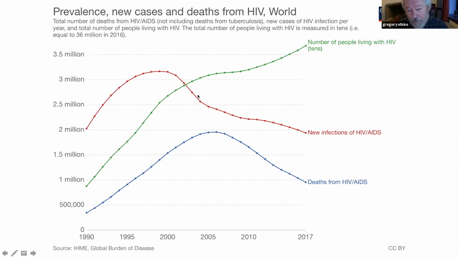Number of new infections is decreasing, but not at a very high rate, but the number of deaths is also decreasing. And deaths now occur mostly in developing countries. The disease has mostly been controlled in developed countries through the use of antiviral drugs.